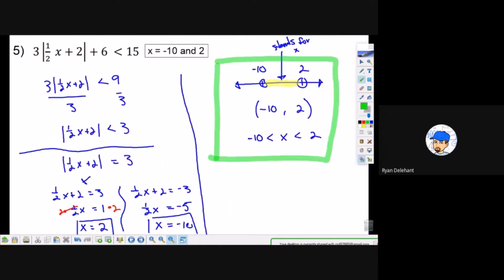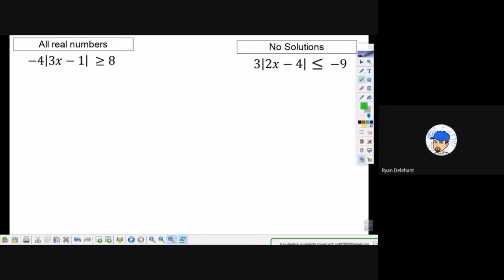All right, one other thing I want to talk about with absolute values before we jump to piecewise. There's two other solutions that we can get for this. We can get all real numbers, or we can get no solutions.